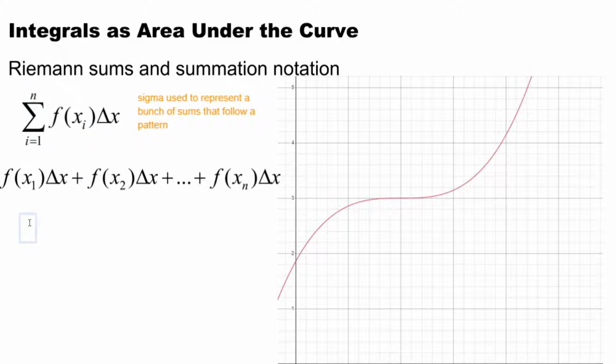So for example, if I were to use something like this, oh gosh, we're going to have to draw this very ugly. So we use sigma of i equals 1, and we're ending it at 3, for f of xi, change in x.